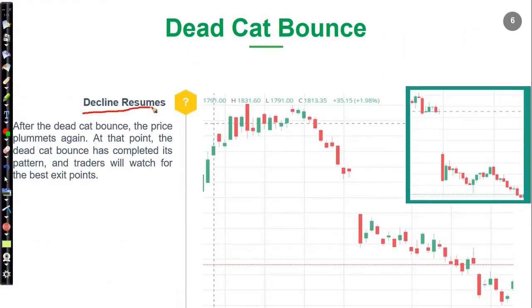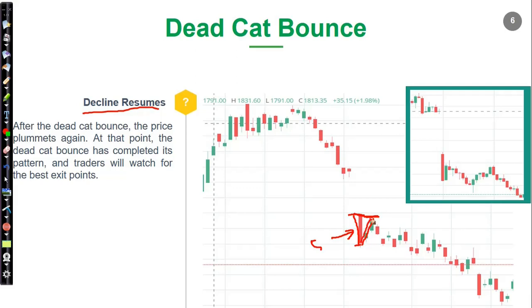Next, the decline resumes. So after gapping down, in the first 5 minutes price should continue toward the downside, and after that price should pull back near the opening point.